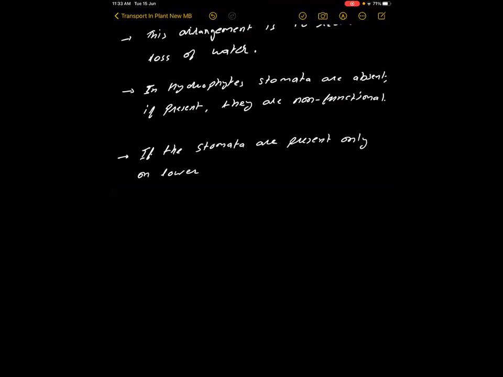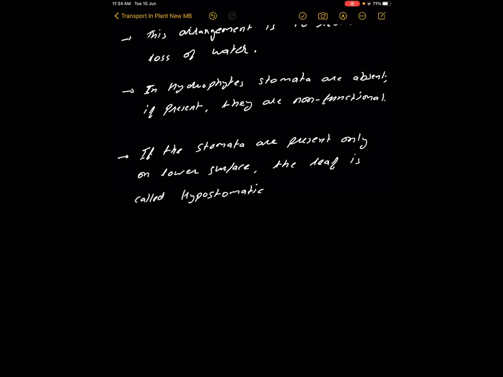But some plants have stomata only on the lower surface of the leaf. Such a leaf is called hypostomatic. Hypostomatic means only the lower surface. Hypo means lower, and hyper means upper.